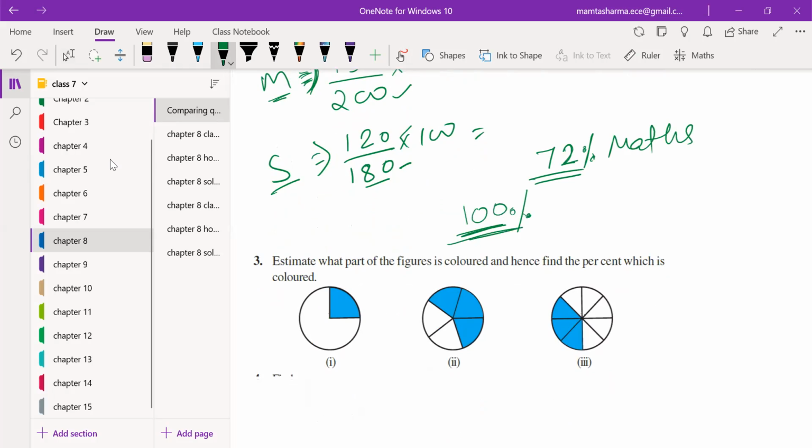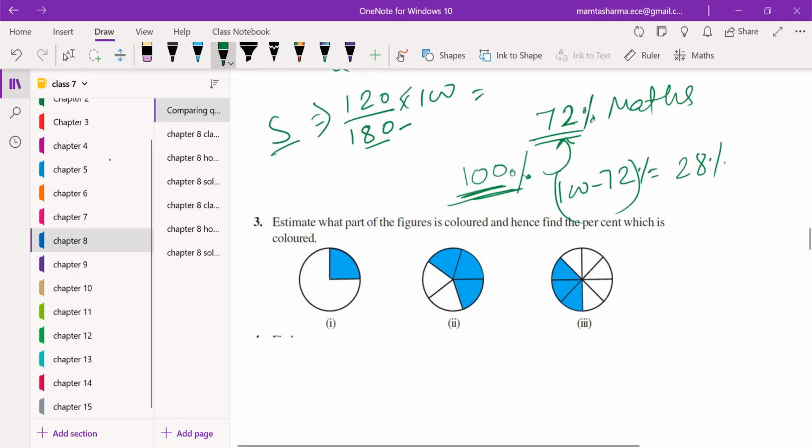So from the total 100%, 72% like maths. So 100 minus 72% will not like the maths. So 28% will not like the maths. Correct? Doubt clear? Clear to everyone?